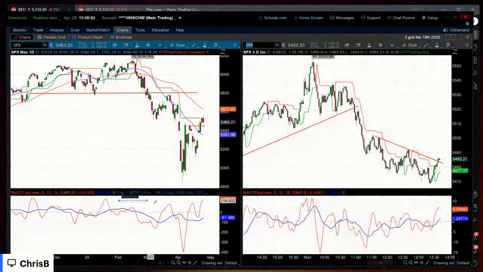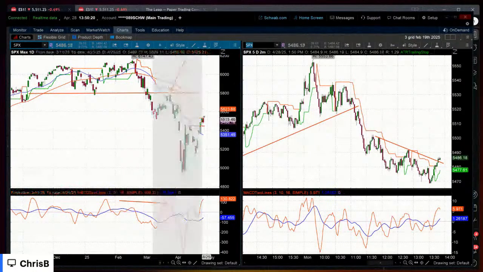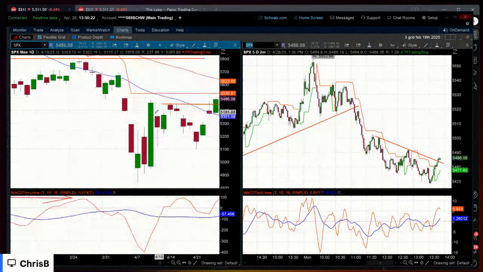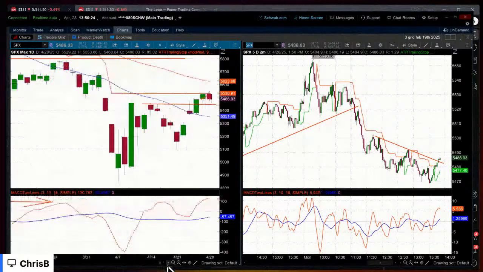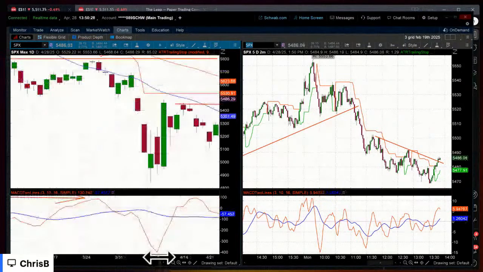All right, I'll give you three reasons. You're overbought. You're in a downtrend and you had an indecision candle. That's a doji, where the opening and the close are close to each other. See that doji right there?